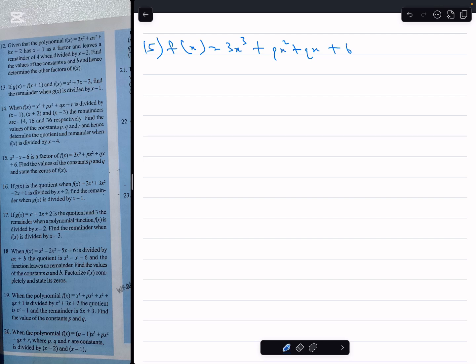Find the values of the constants p and q and state the zeros of f of x.